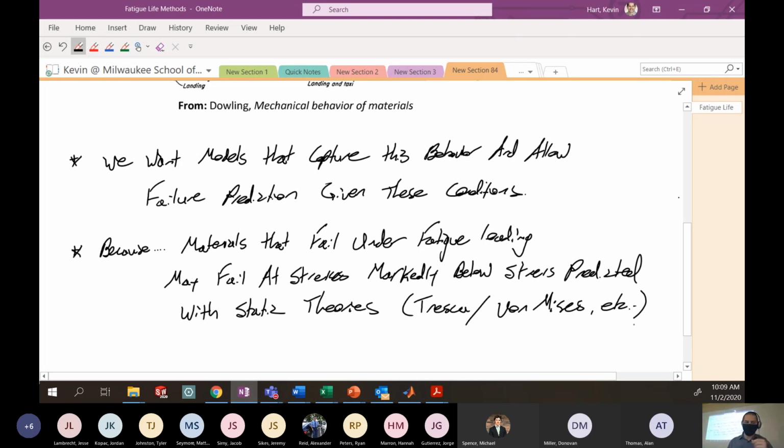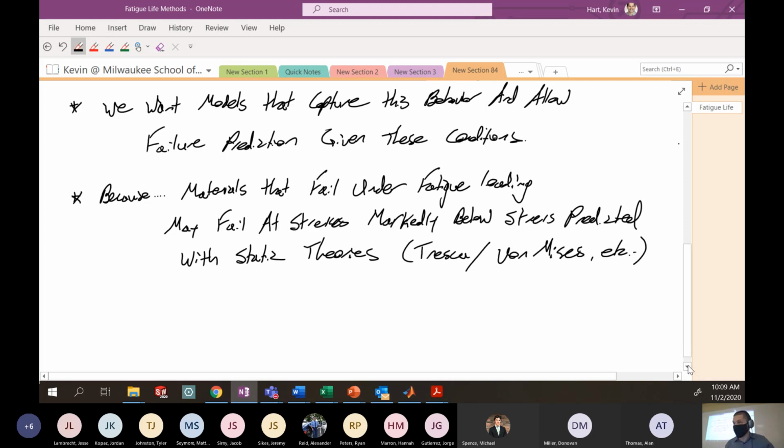And when I say markedly below, it could fail 90% below yield stress. So it could fail at 10% of the yield stress. It could be that low.